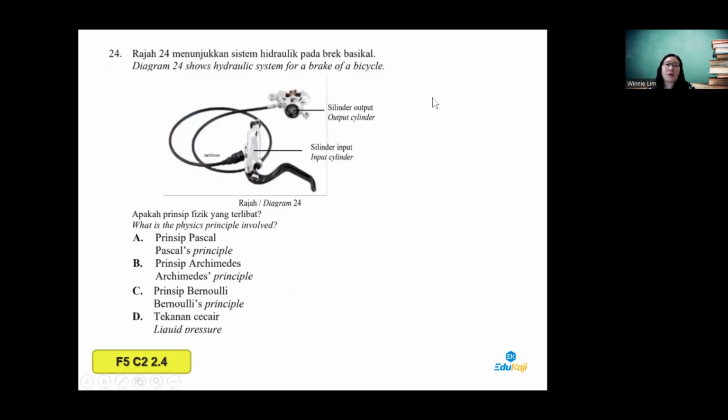Question 24, diagram 24 shows a hydraulic system for the brake of a bicycle. So what is the physics principle involved? A hydraulic system always involves Pascal's principle, where generally they will show you a bigger piston and a smaller piston.